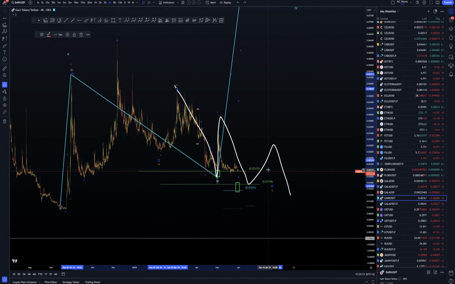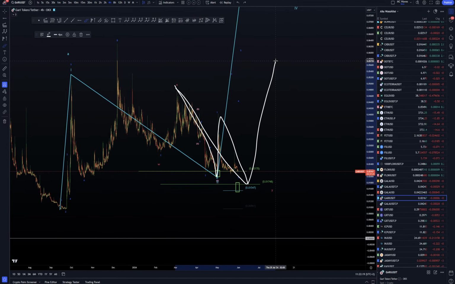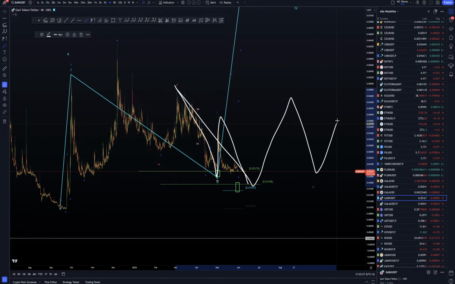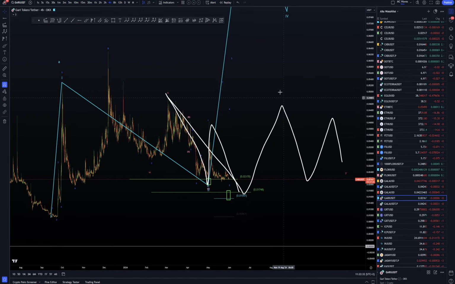We can make, as I said before, a triangle, we can make an ABC flat, we can make tons of different stuff really. We can get an A, B, C flat to complete this Y wave. We can get a triangle here, an A, B, C, D, E, a lovely range bound, and next is going to push high, yes, but we need to spend all the time for all of this.